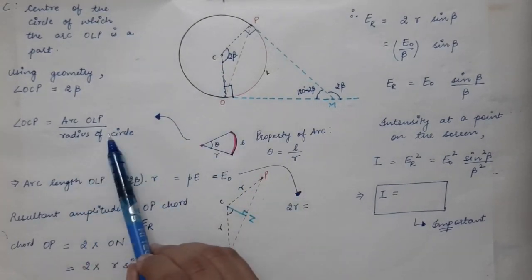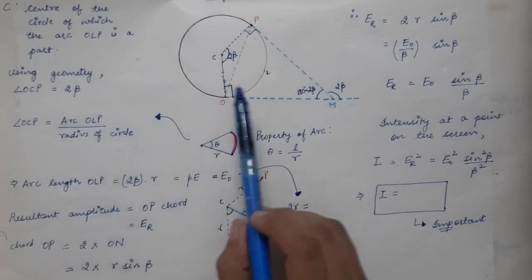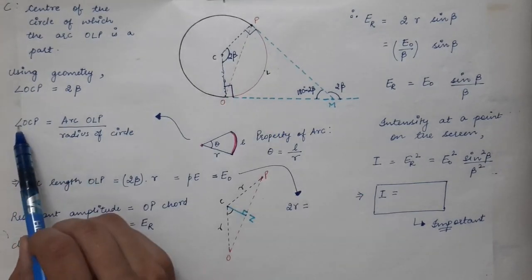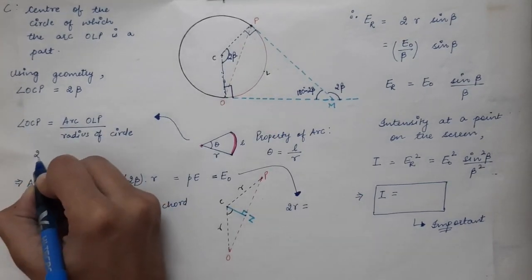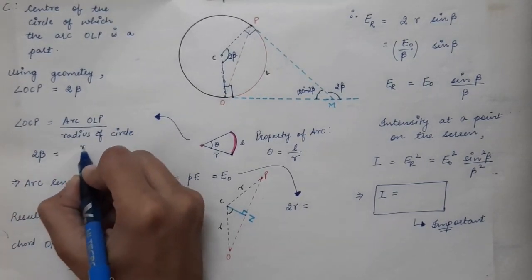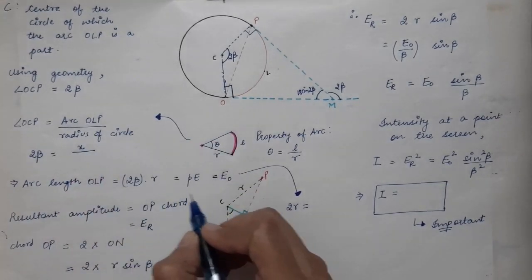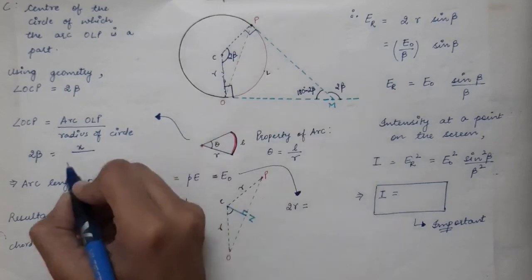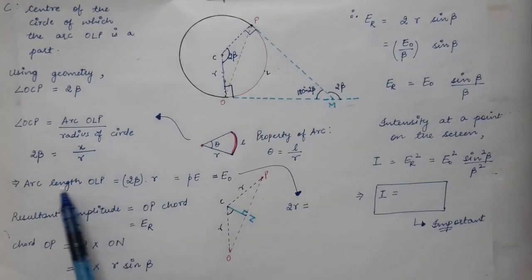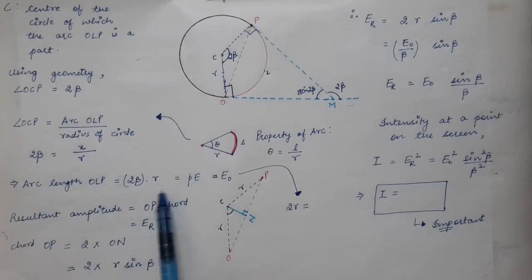From here we will find the arc OLP. We have just found that angle OCP is equal to twice of beta, and arc OLP, let's say that is x, divided by the radius of the circle. We are considering the radius of the circle as r. So from here you can find the length of the arc OLP. It will be equal to twice of beta into the radius of the circle.